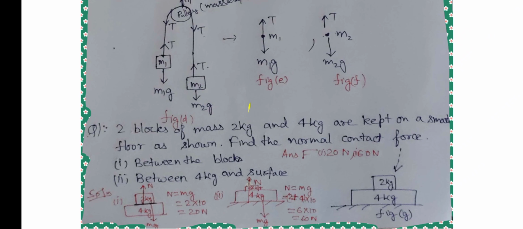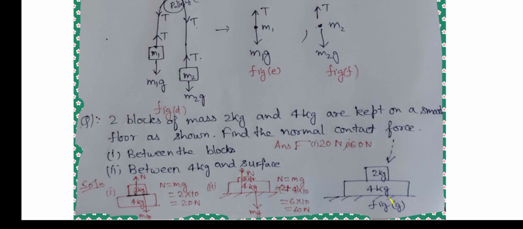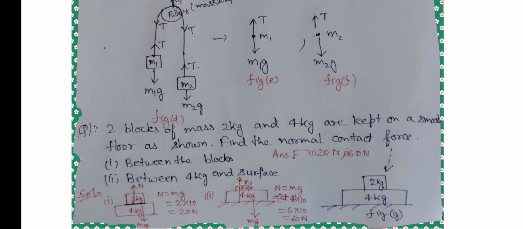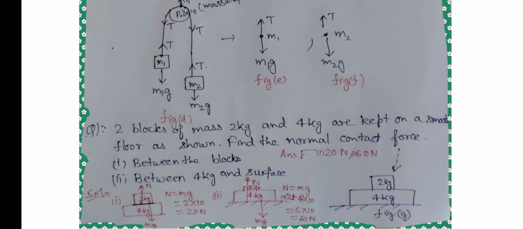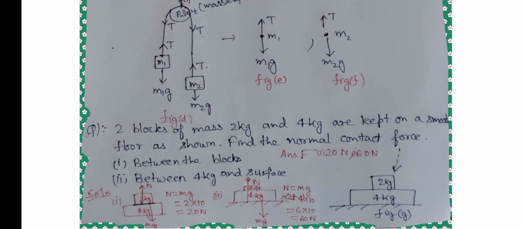Now this is a question based on our FBD. Two blocks of mass 2 kg and 4 kg are kept on a smooth floor as shown in figure G. We have to find the normal contact force, which, as we know, is always in the upward direction. Number one: find the normal contact force between the blocks.